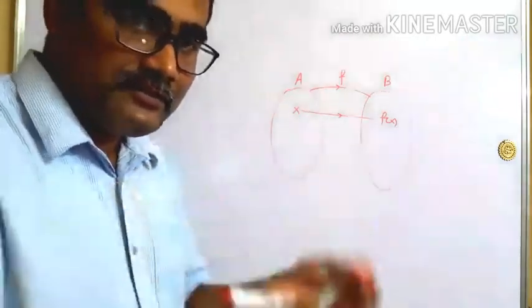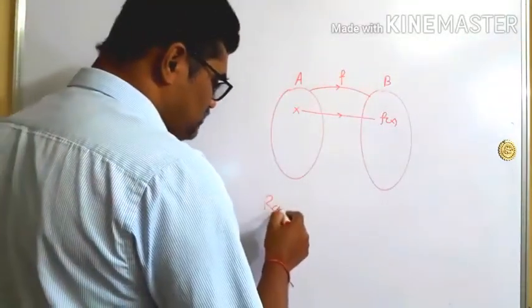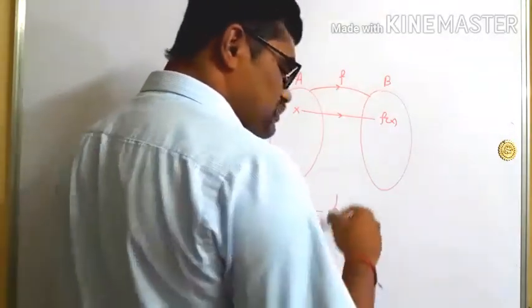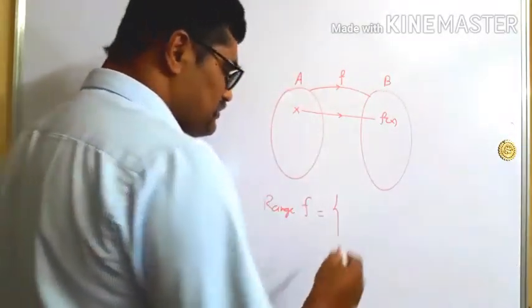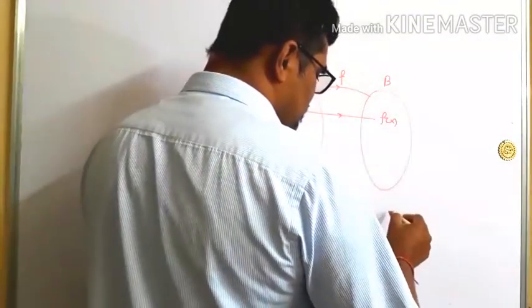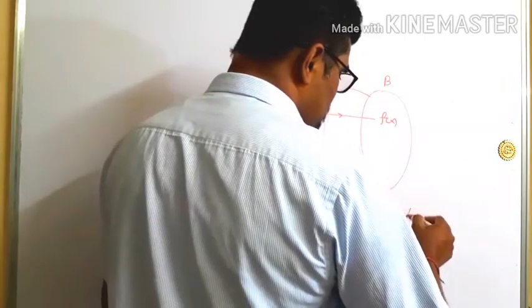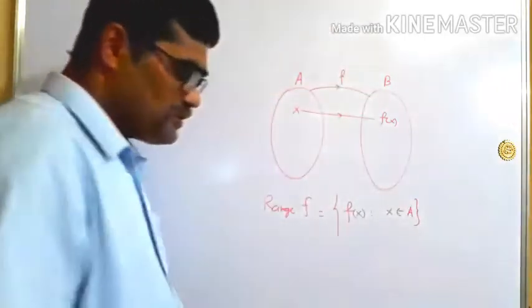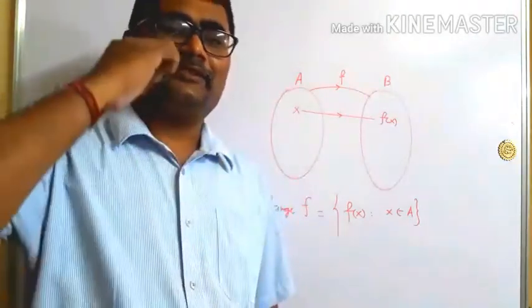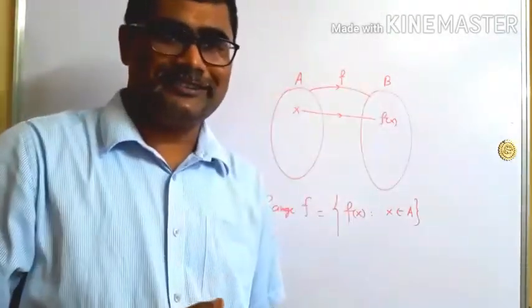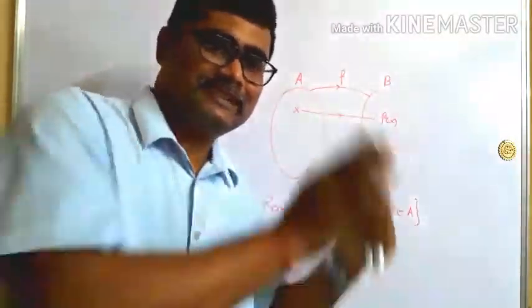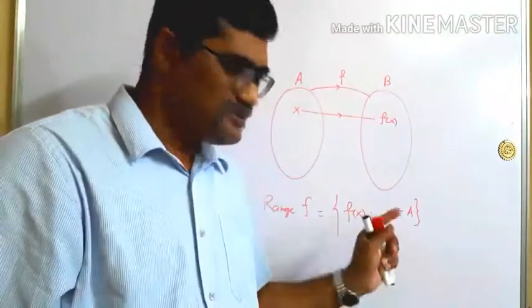So now if I define formally the range of f, how do we define that? You must also know. Range of f consists of all those f(x), right, for all x belonging to the domain. Whatever x you take from A, whatever output comes, put them in a set, then that set is known as the range, right?